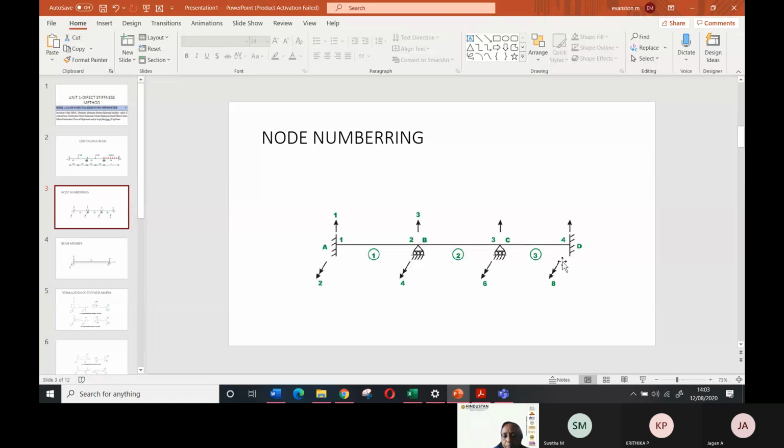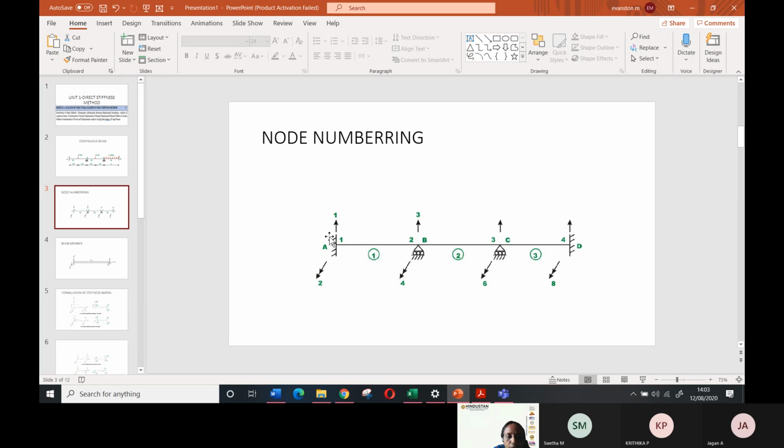Joint 1 is having a fixed support, 2 and 3 are roller supports, and the fourth one is again a fixed support. Can you note it down in your note? So joint 1 is a fixed support.